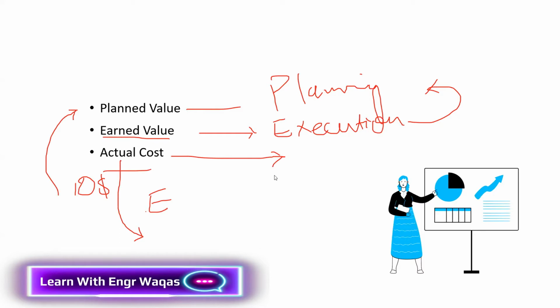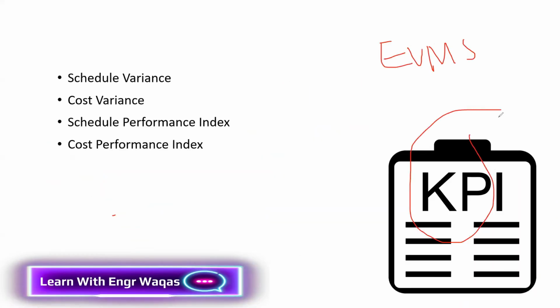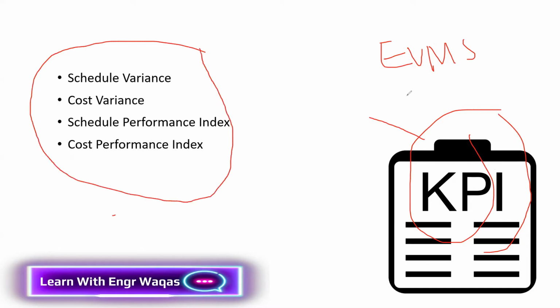I will share. See, first we will look at key performance indicators. These are the key performance indicators. Earned value management system is actually a methodology which is going to help us evaluate our project status with respect to time, cost, and KPI. These are the four parameters.